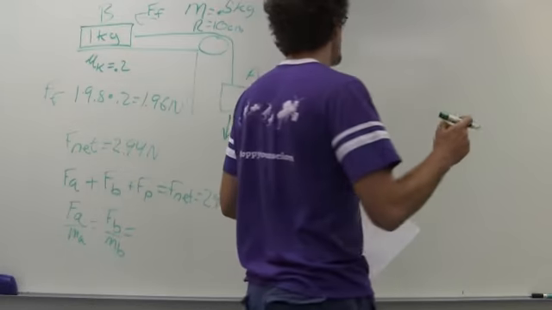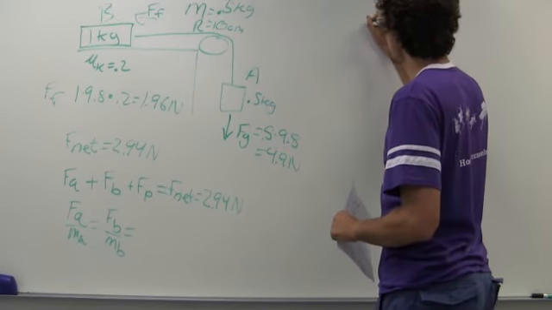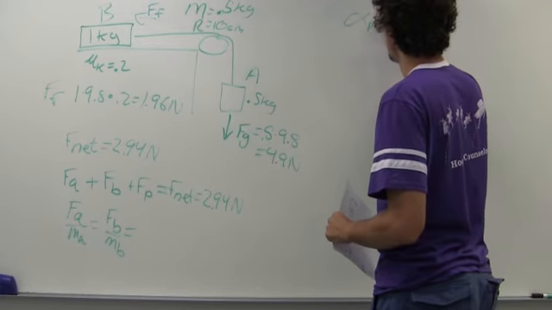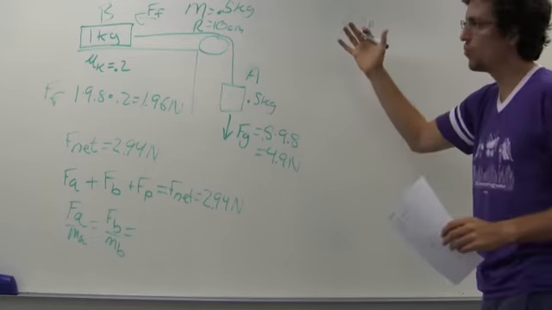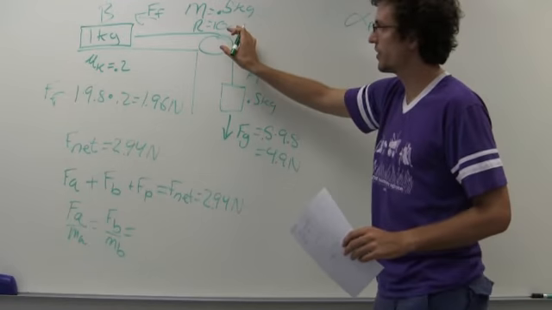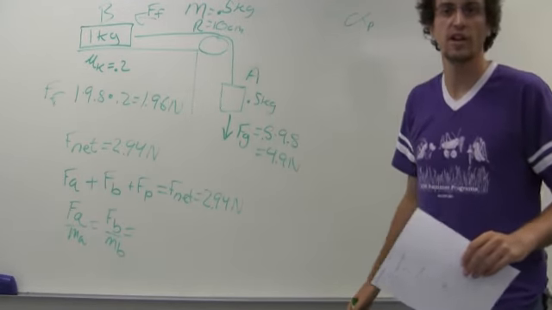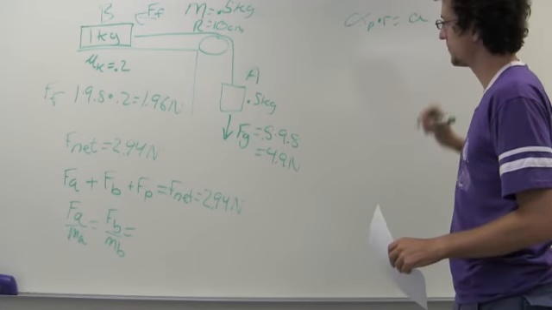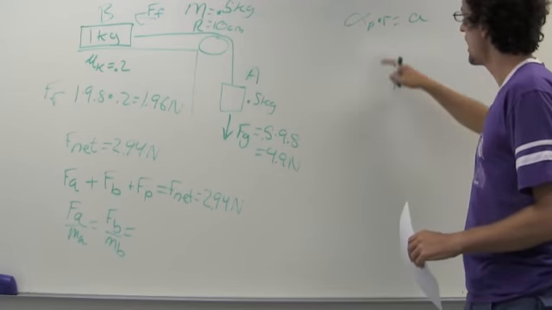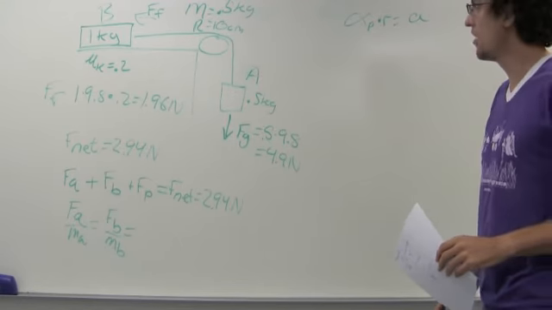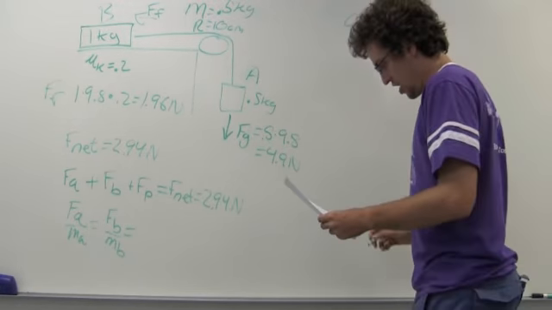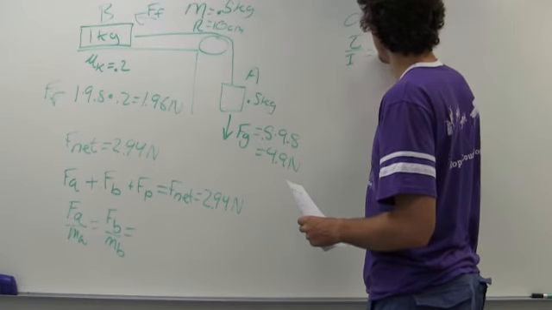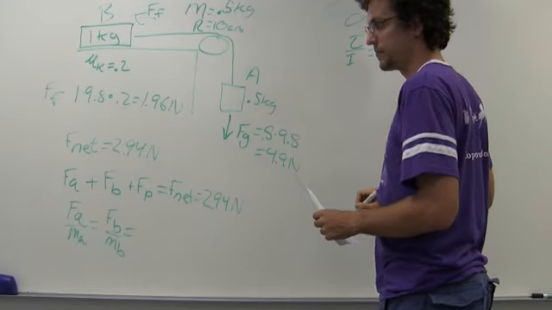Now what we want is the angular acceleration of the pulley to be in such a state that it gives the string the same linear acceleration. If we multiply that times r, we get a. Now angular acceleration is going to come from torque. We know that torque over I equals alpha.